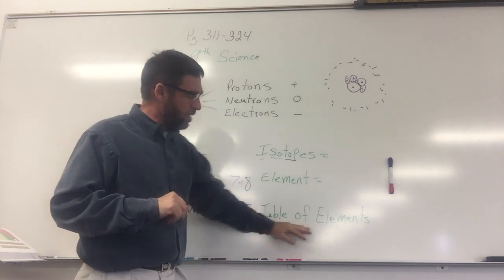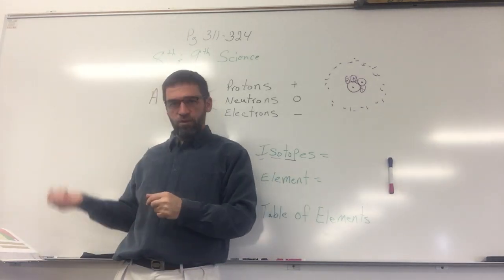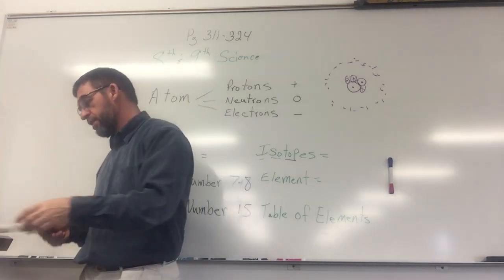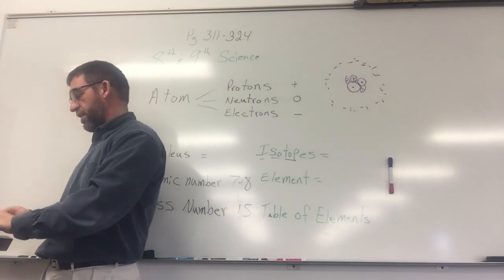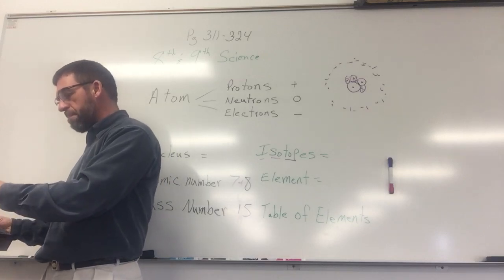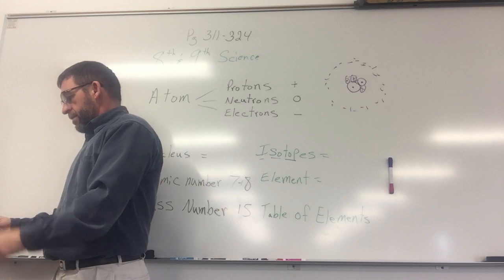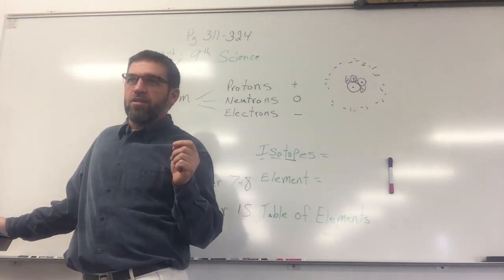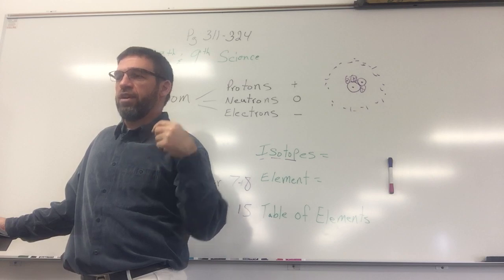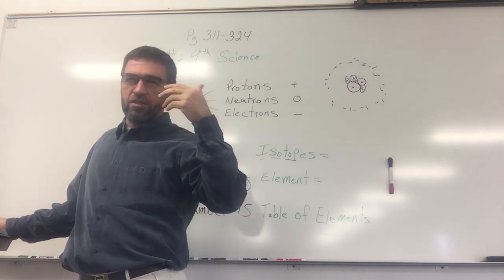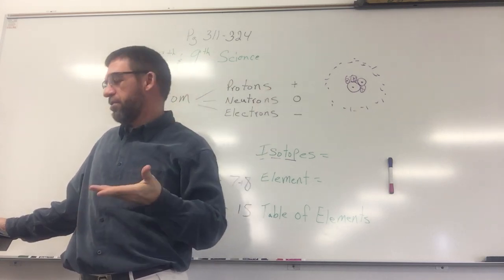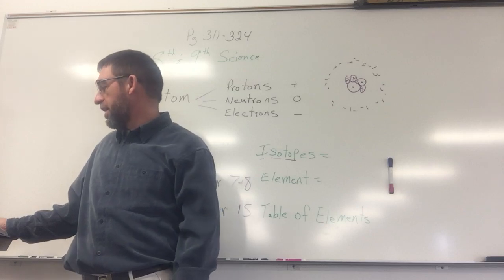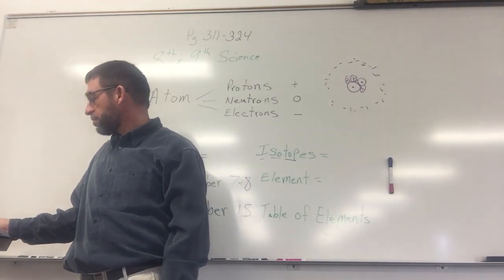And so I put table of elements. You will need to refer to that to do some of your work, and also it's just a chart to go by. He says that in the book here, whenever I talk about the thing, I just refer to it as the chart. Okay, all scientists use this chart to talk about elements and atoms and protons.